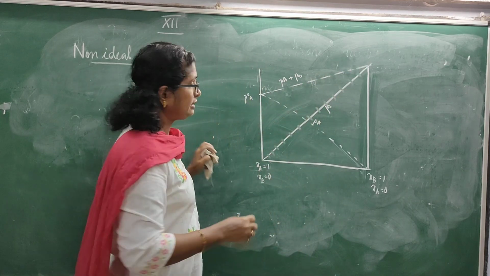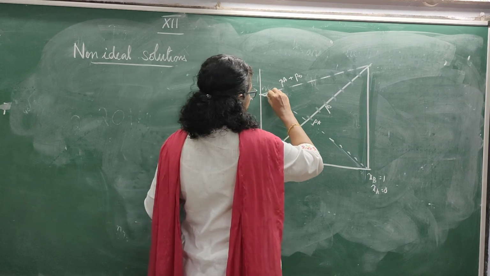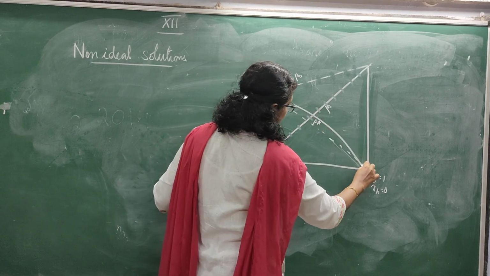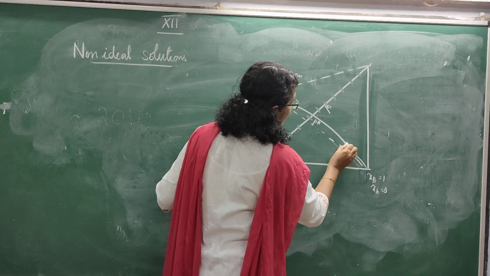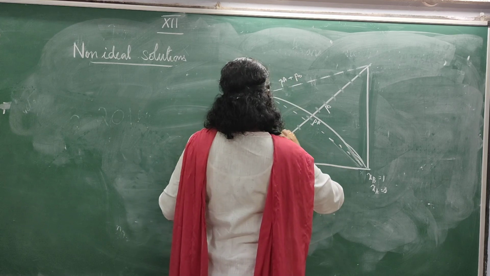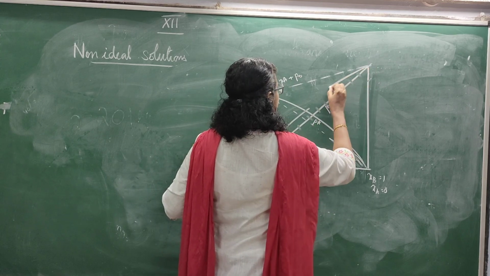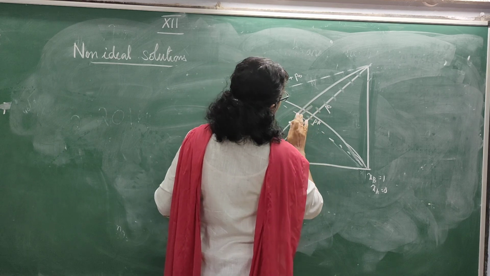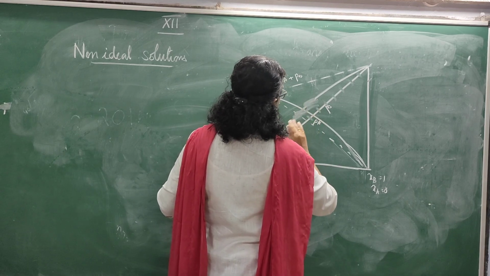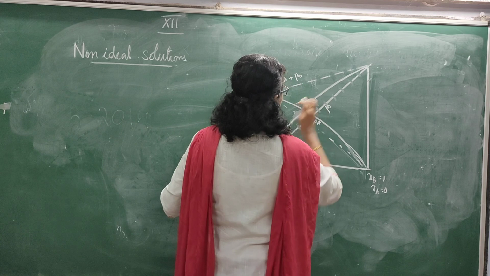Now what happens is the vapor pressure will increase. Instead of this we will get a curve like this. See how we are getting a curve.